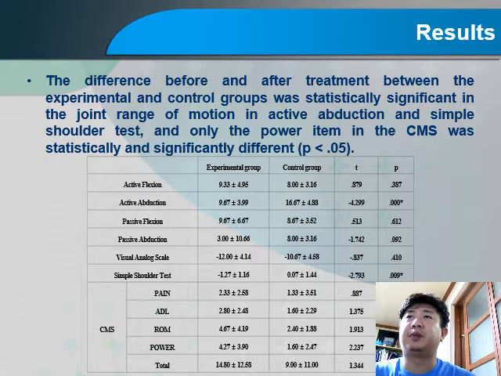Differences before and after treatment between the experimental and control group were statistically significant in the joint range of motion in active abduction and simple shoulder test, and only the power item in the CMS was statistically and significantly different.